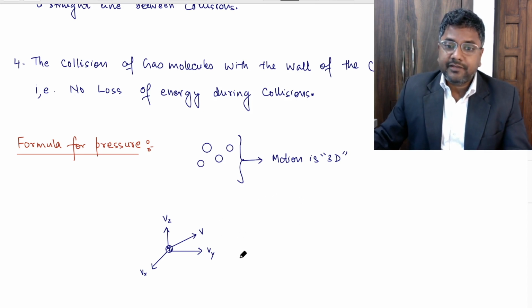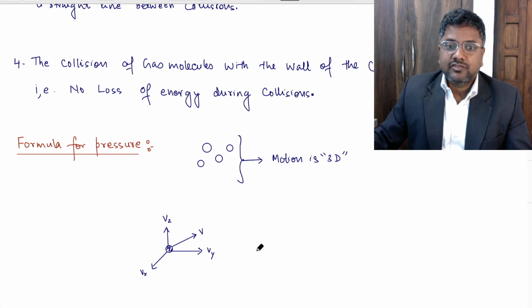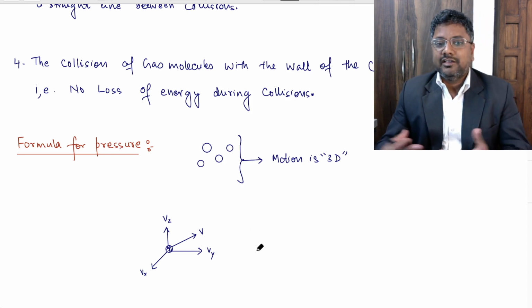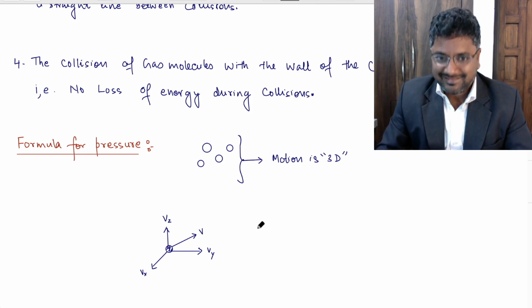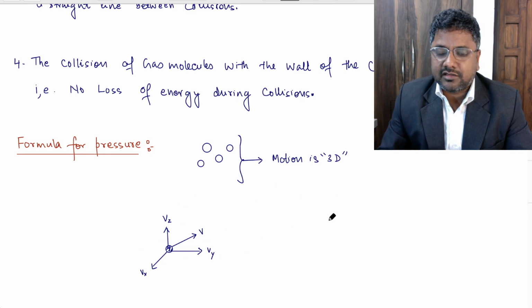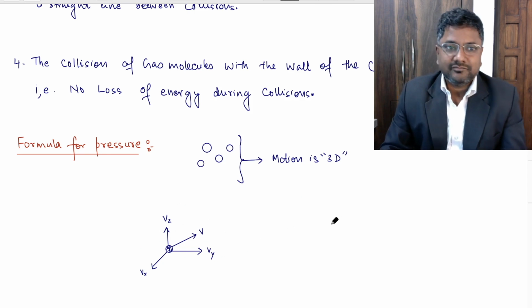So it is very difficult for us to measure the velocity. Because this is a vector quantity, how do we make it a scalar quantity? One very important mathematical manipulation is there. If you square this term, then you will get a scalar quantity.